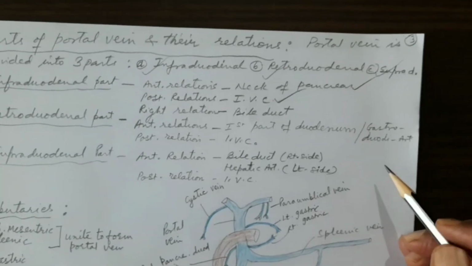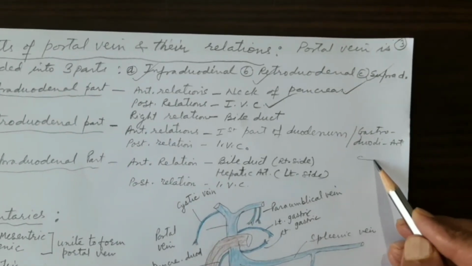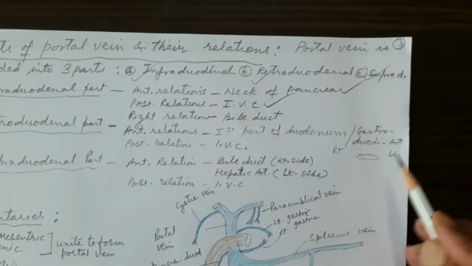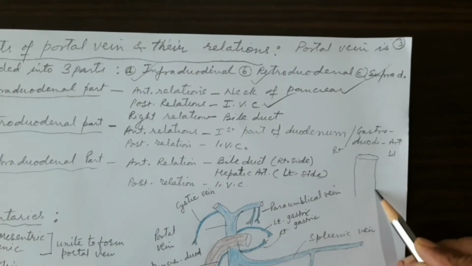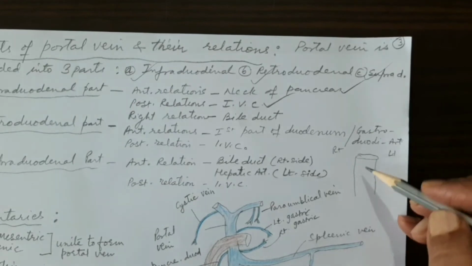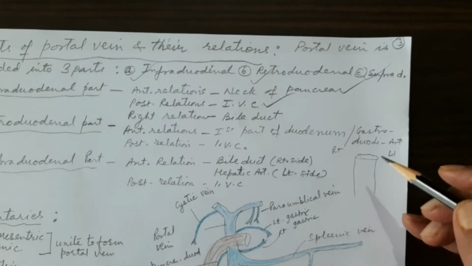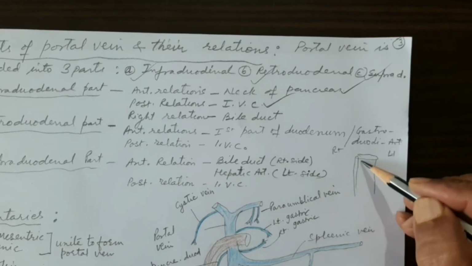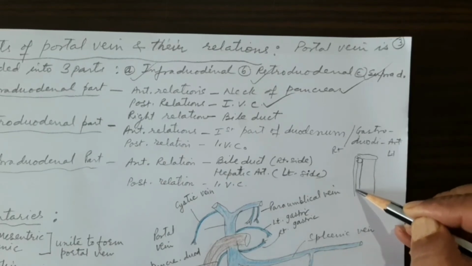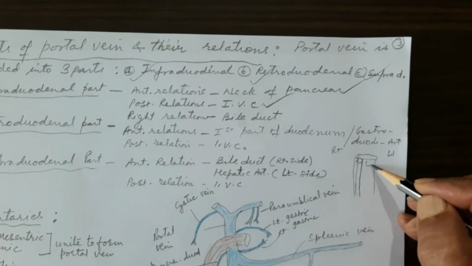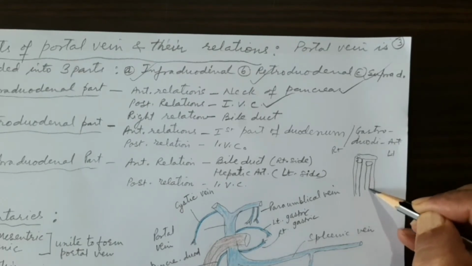Say if I try to draw a diagram here, this is the portal vein, this is the right side, and this is the left side. This is the supraduodenal part of the portal vein. On the right side will lie the bile duct, which is related in front of the portal vein, and on the left side will lie the hepatic artery.